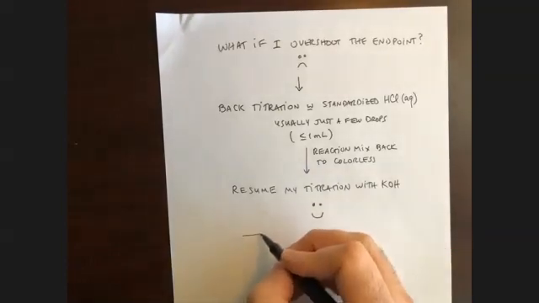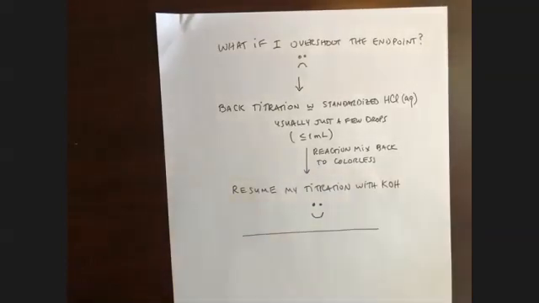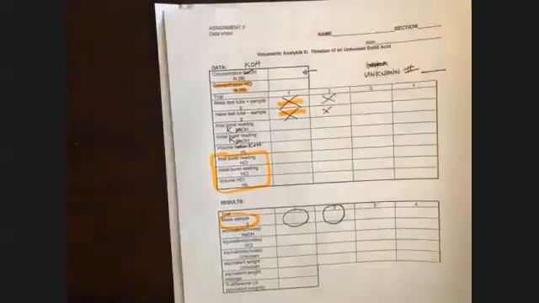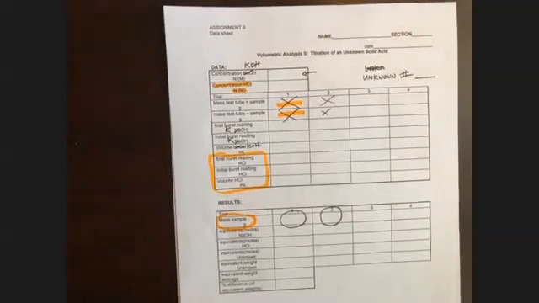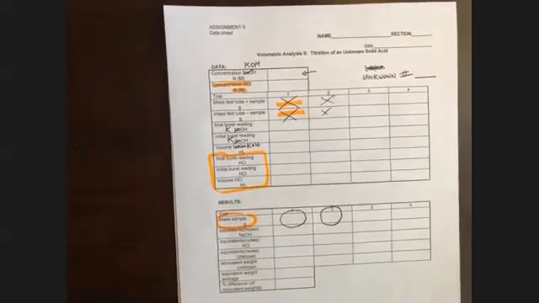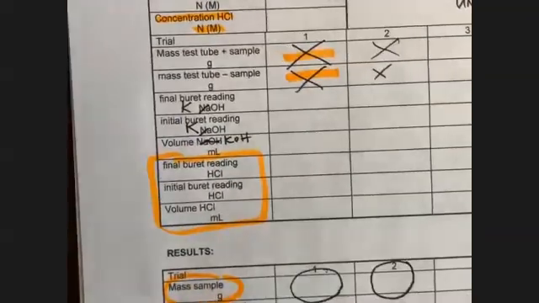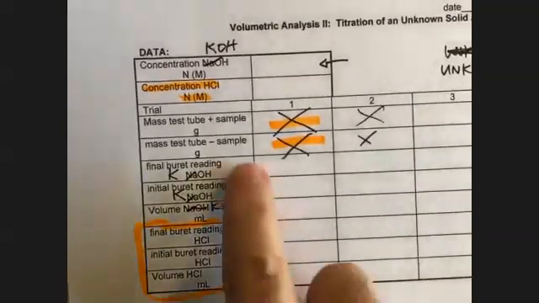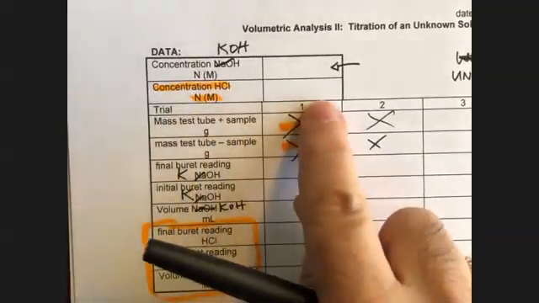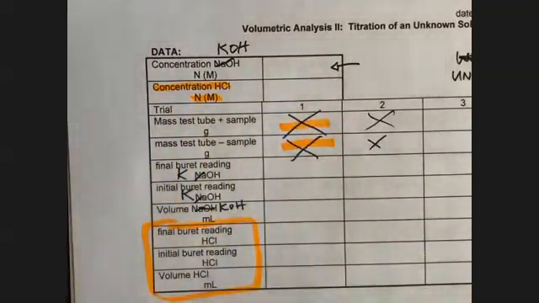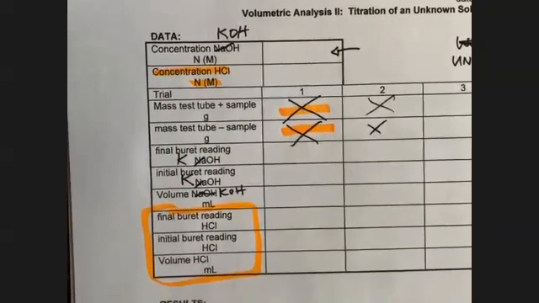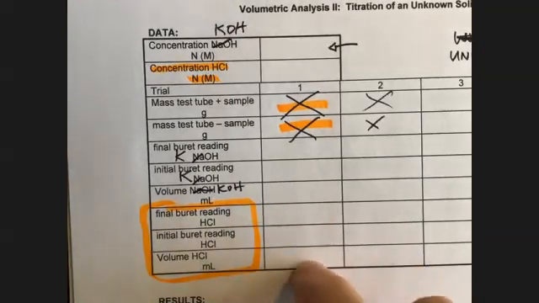That's right. Okay, so back to our data sheet. That was the reason for these things in here. In other words, you're going to be given a burette with some standardized HCl. And if you need to back titrate an overshot titration with your KOH, you can use that and calculate here how much HCl was required.